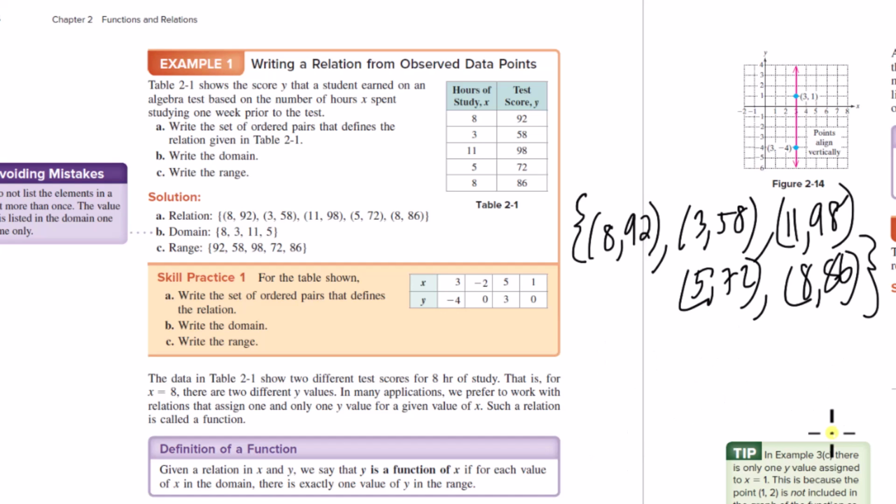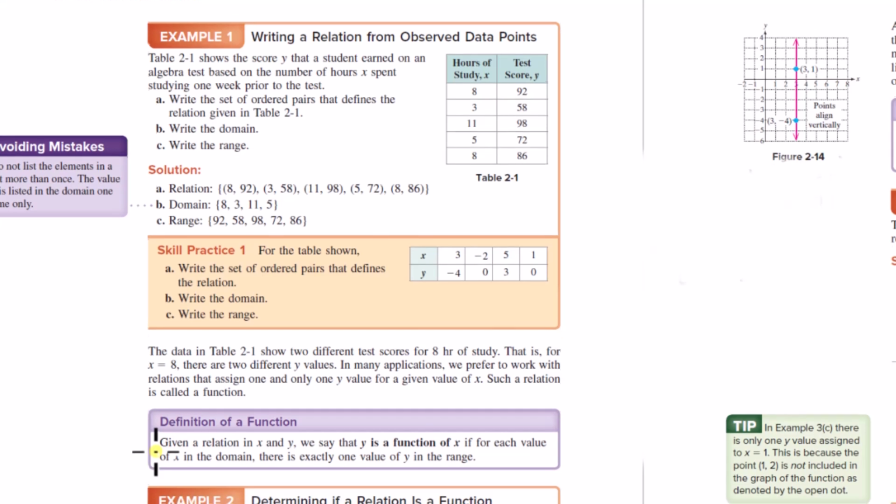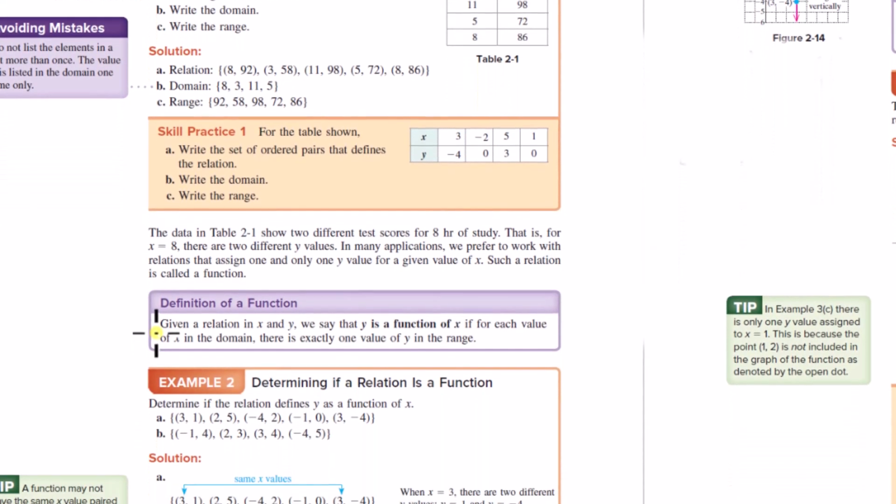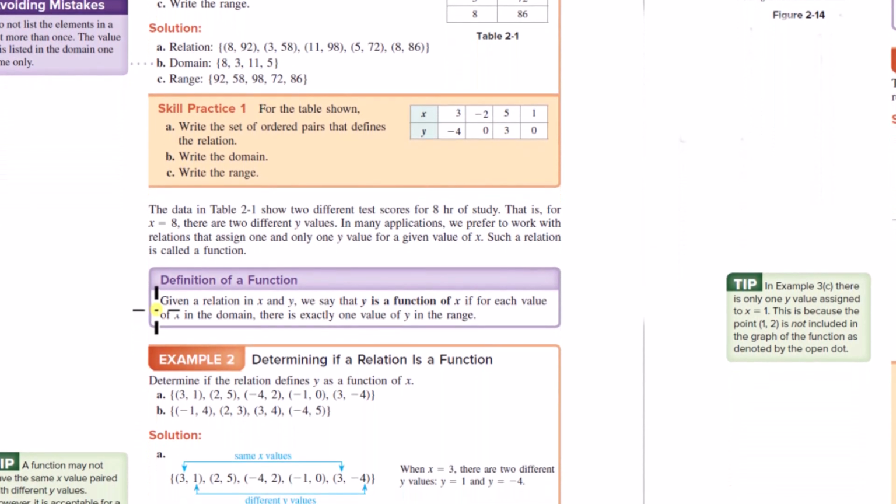Okay, now, the next thing we want to think about is that there are specific types of relations that we're going to want to put into their own special category because they're really important. They're something that we use a lot. It's a type of relation that we frequently use.